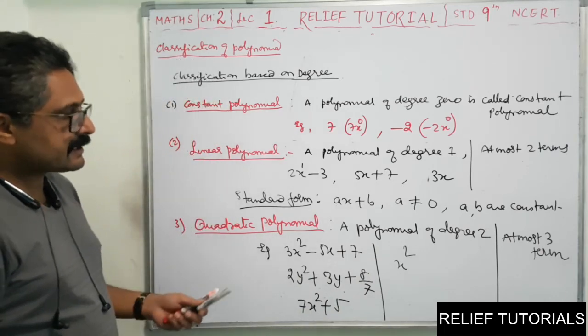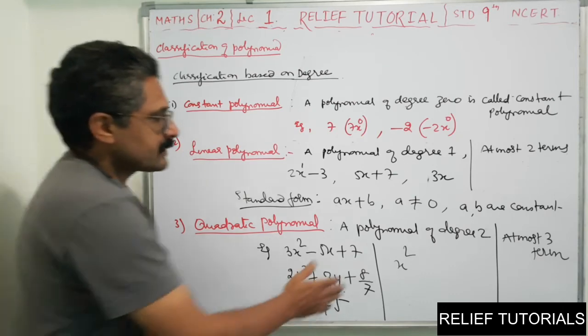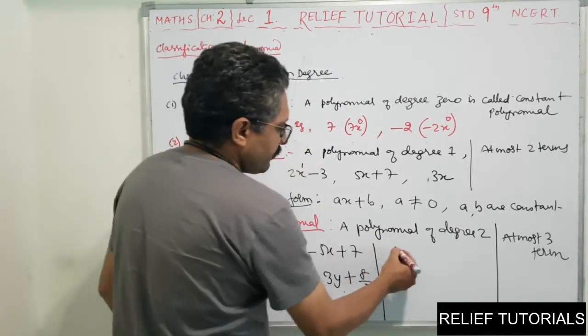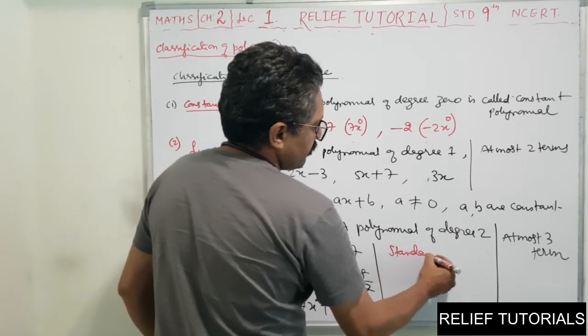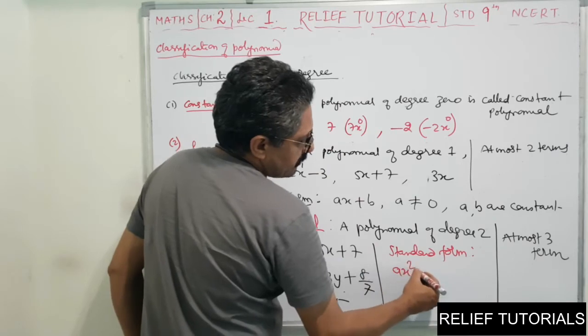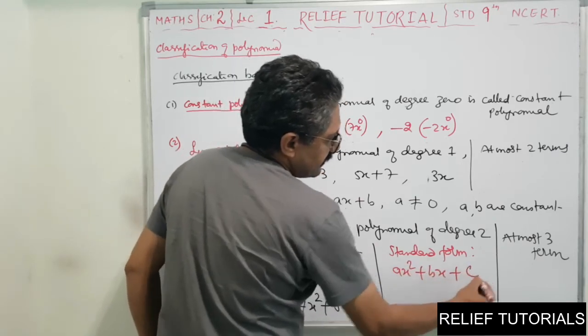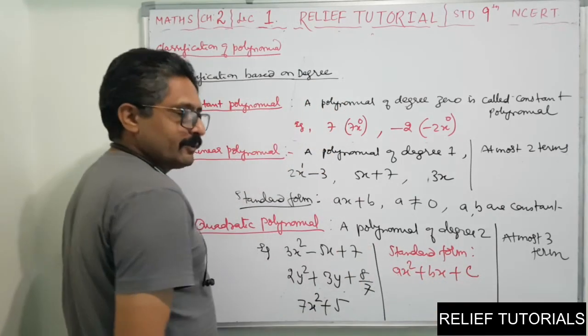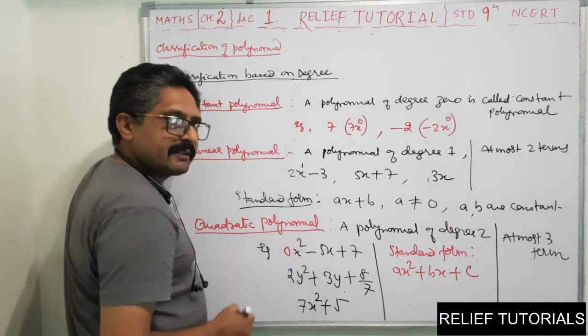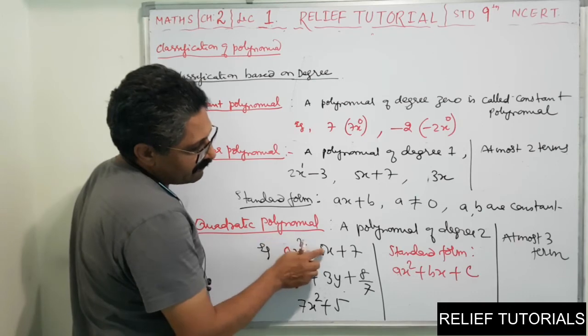Clear? Now we'll discuss what is the standard form. We can say standard form is ax square plus bx plus c, and this a should not be 0. See, if this 3 I write here as 0, then 0 into x square will be 0. So what will be left here? 5x plus 7.